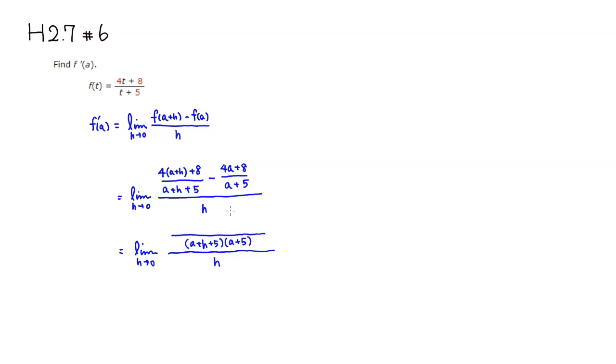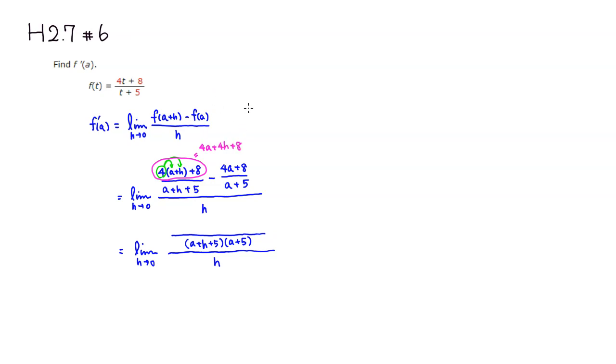I'm going to do a little bit of computation up here. I'll distribute 4 to a and h, so the numerator of the first fraction is 4a plus 4h plus 8.